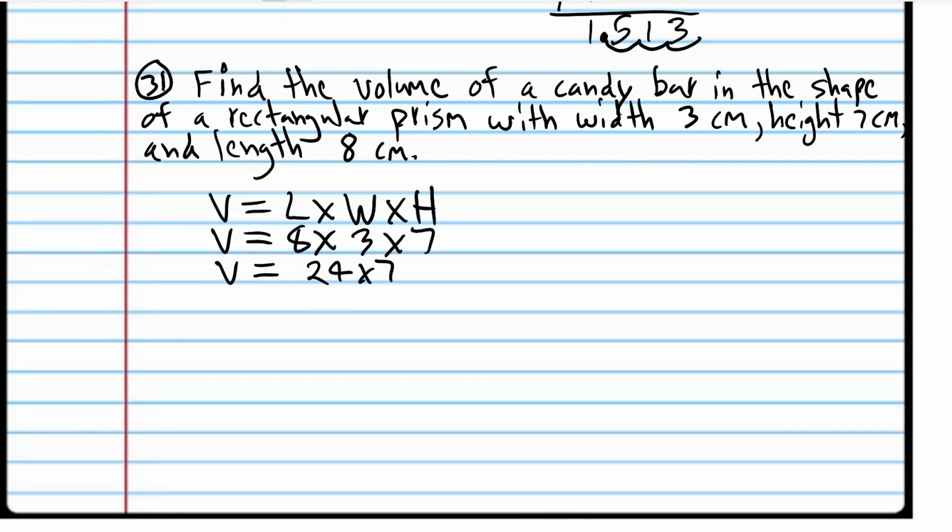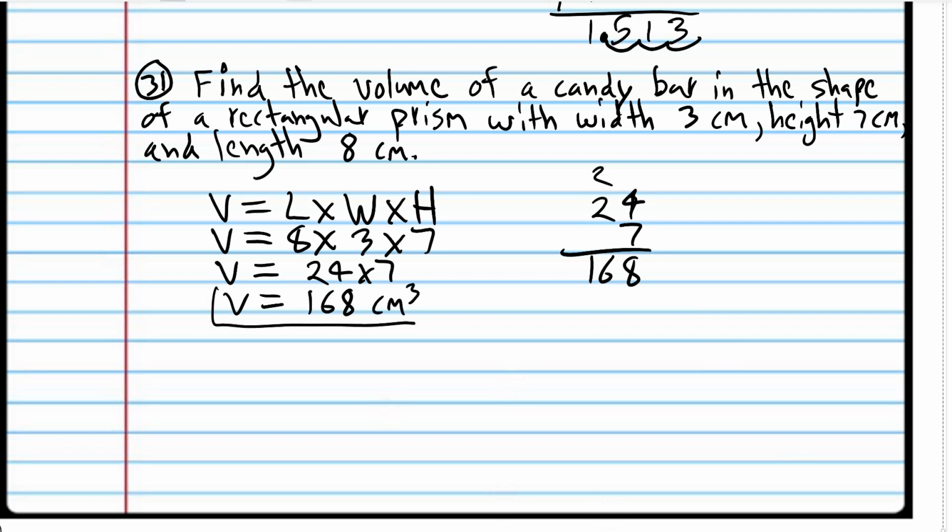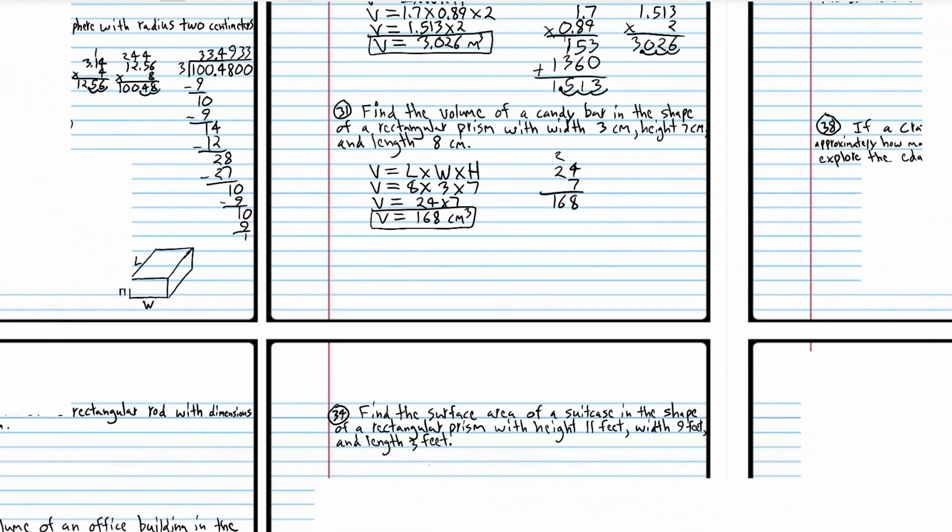And then 24 times 7, you can do that off to the side if you want, or you can try to just do it in your head. 168. And if you wrote 168, you get a point taken off because you didn't write cubic centimeters. But if you got the right answer, good job. If you didn't get the right answer, that's okay. Just figure out what you did wrong.